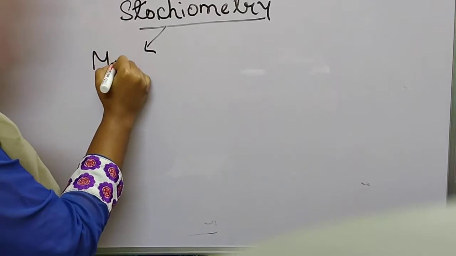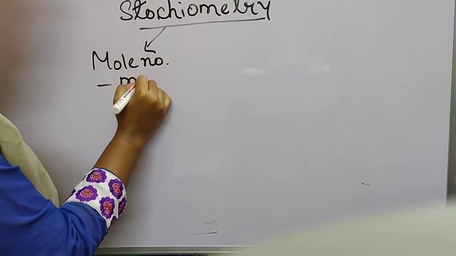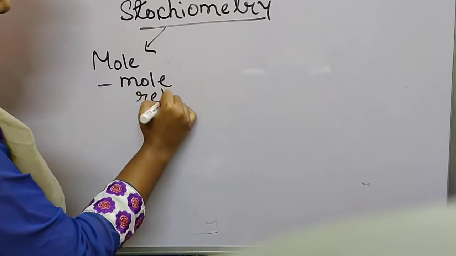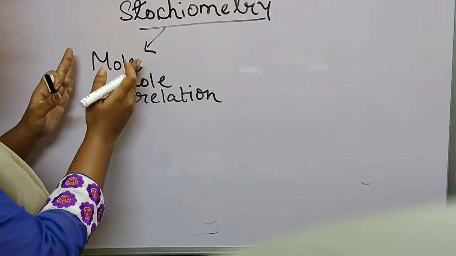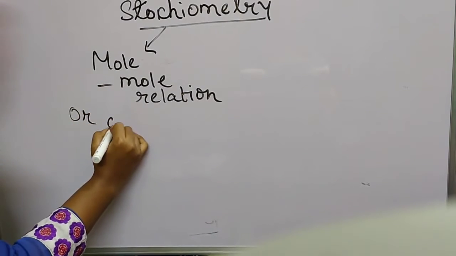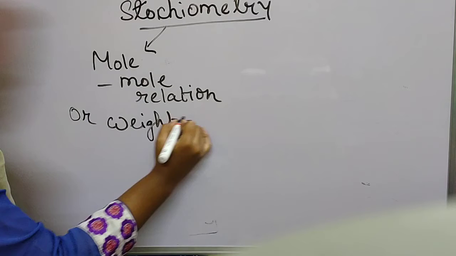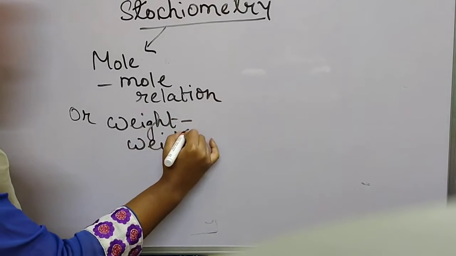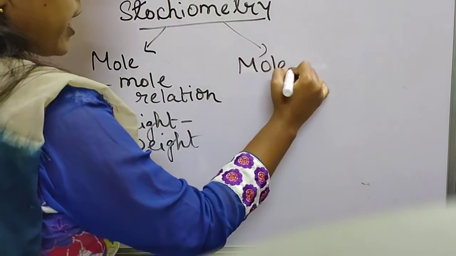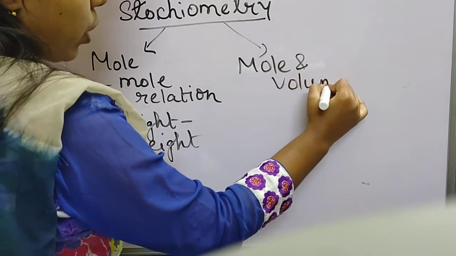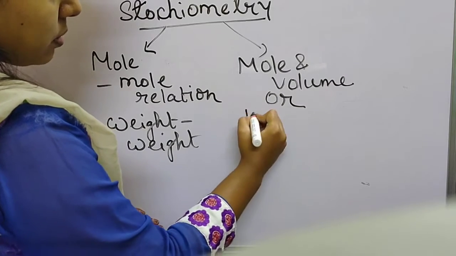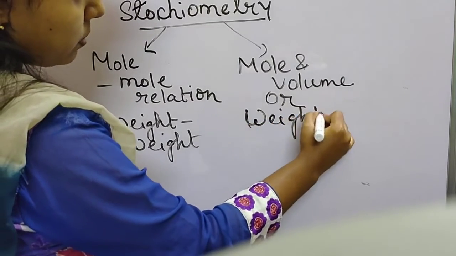One is the mole relation only, that means the mole number of the reactants and the mole number of the products, or the weight for both the reactants and the products. And the second one is the mole and volume relation, or weight and volume.